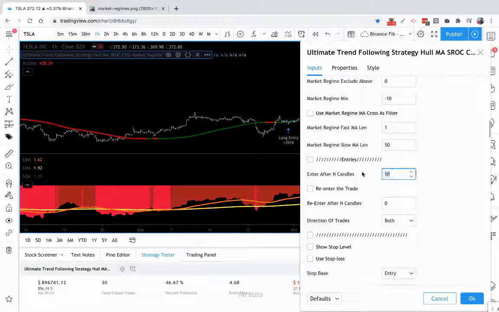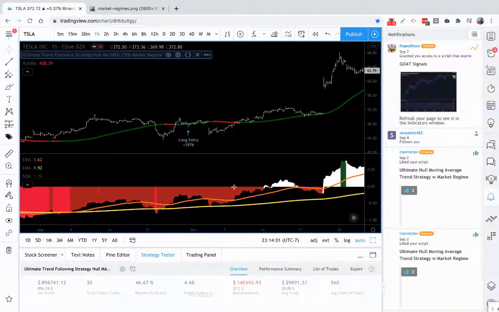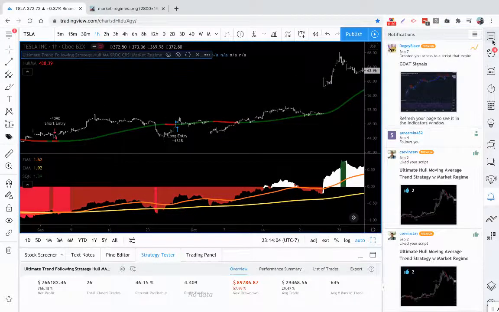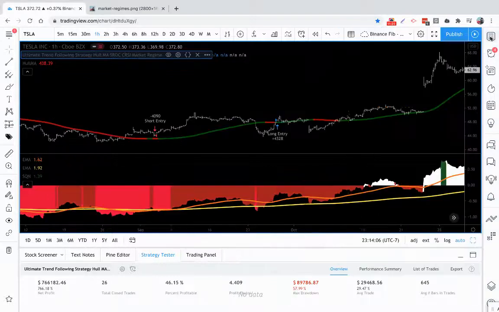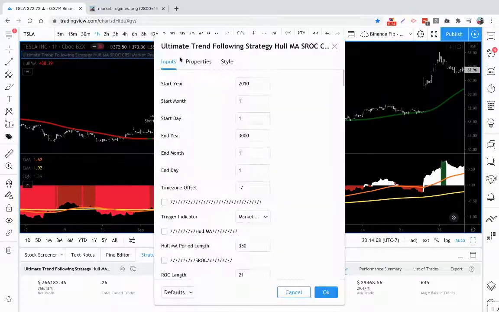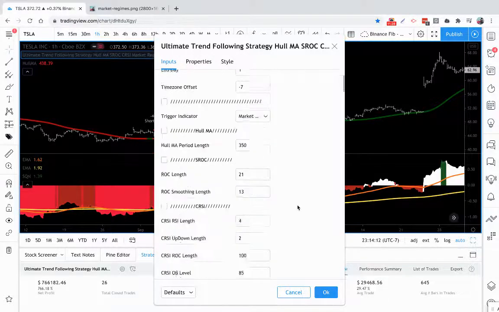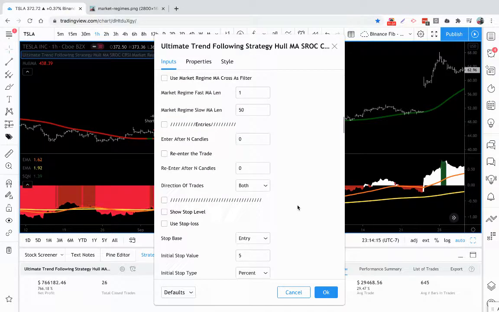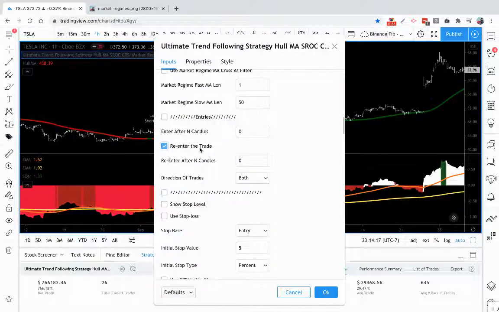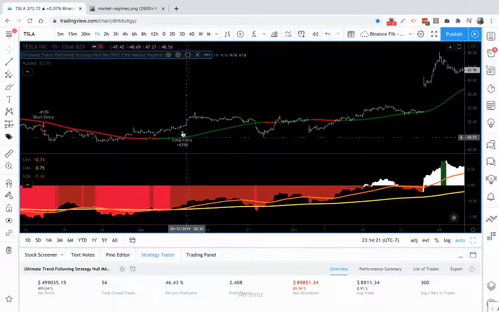We also have here a re-enter after trade. And what that's for is if you are in a trade, so we have this long entry.